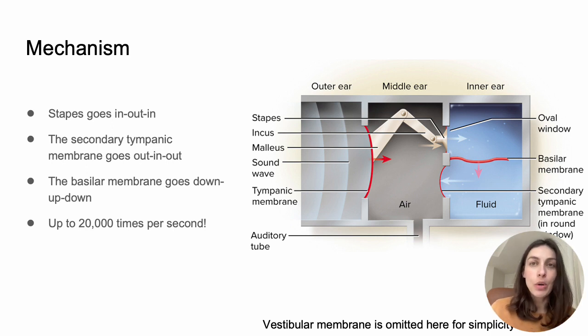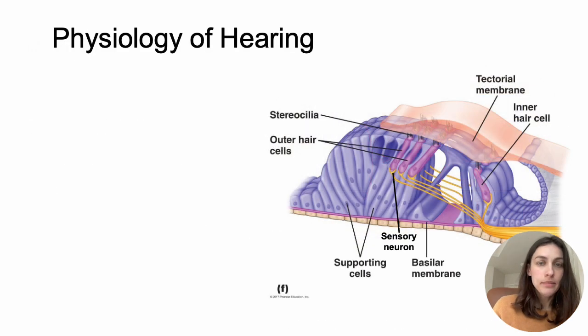So let's look at what's going on in an actual inner ear. Here we have all of the structures that we've already talked about. The only other thing I want to bring attention to here is the tectorial membrane.